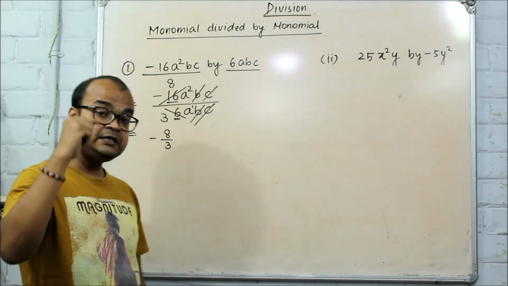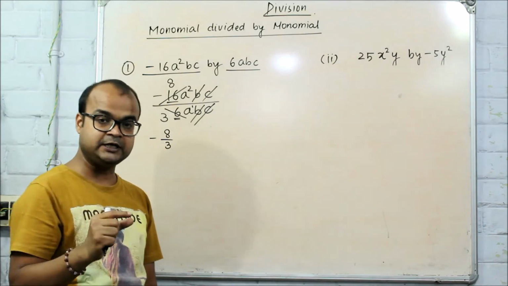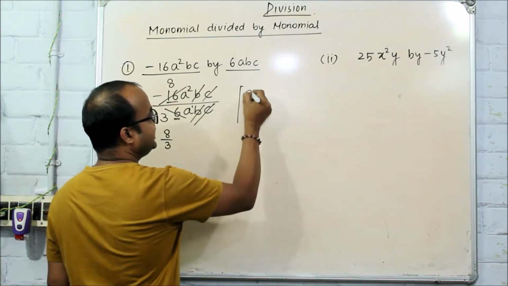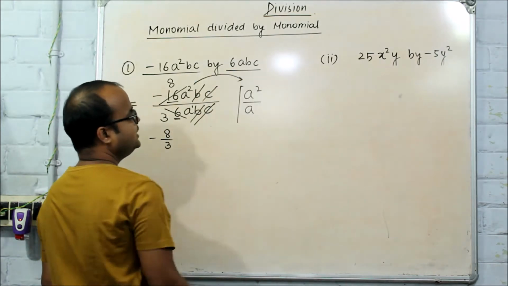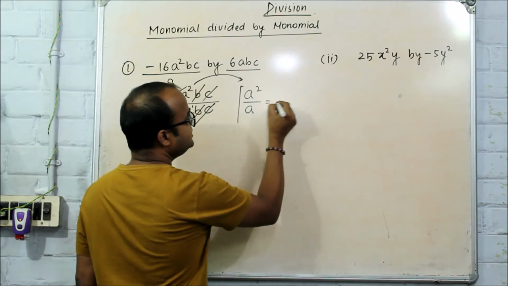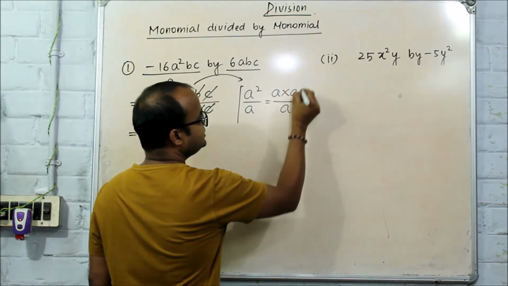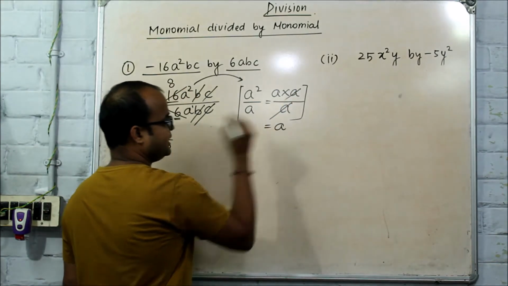Now there is a difference in power: numerator a square, denominator a. So here I am showing you the calculation. A square means 2 times a, denominator is a single time, so we cancel a and a. So the term left is a.